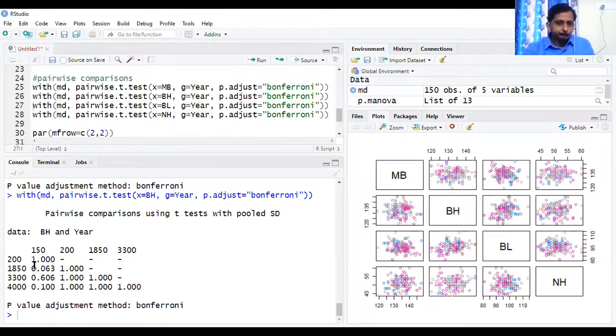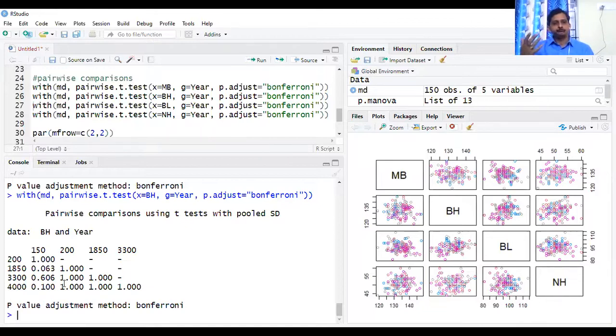Look, no p-value is less than 0.01, implying that across the several years from 4000 BC to 150 AD, the average height remained the same.